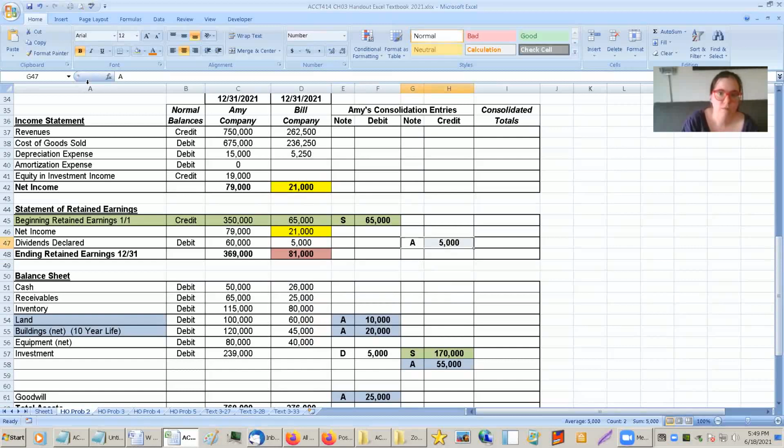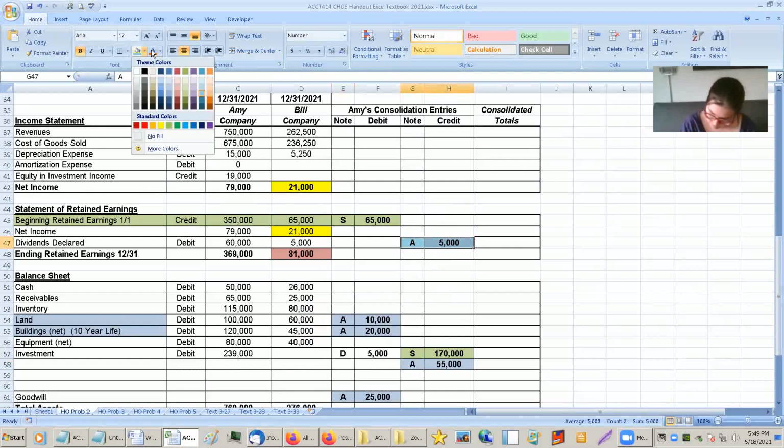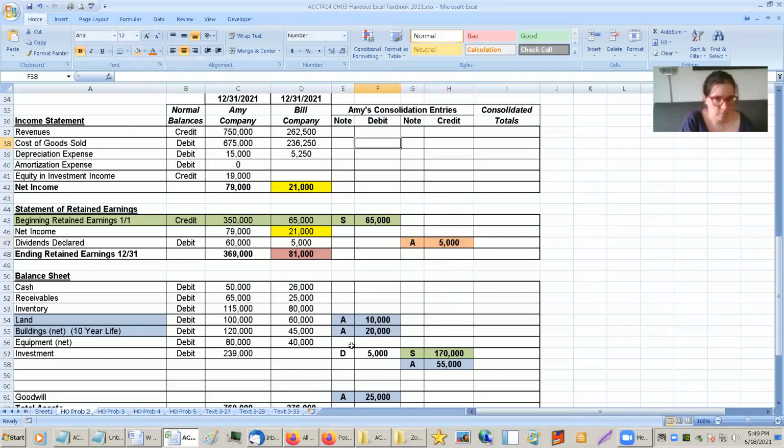Let me come up with a color for that. That was too close to the other one. There we go, out of orange.